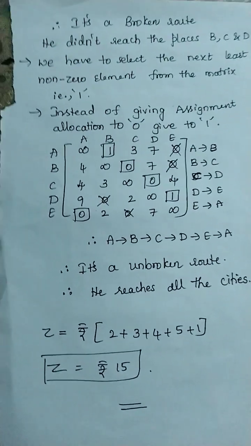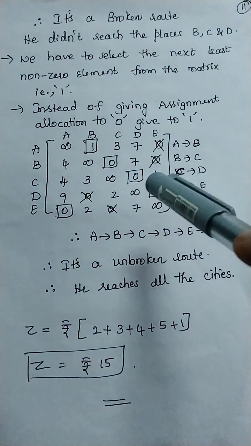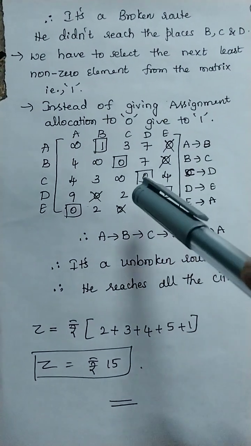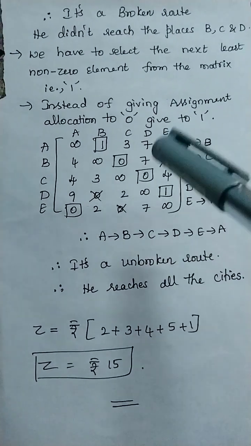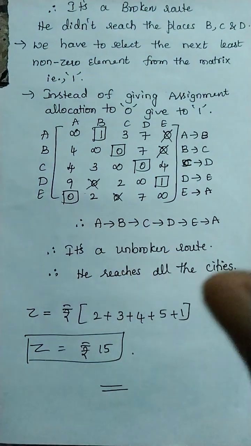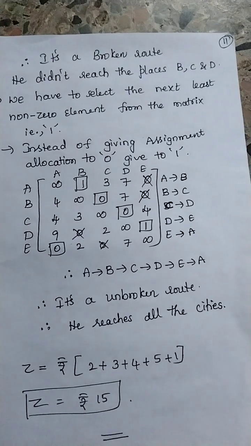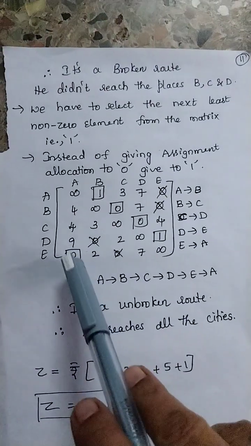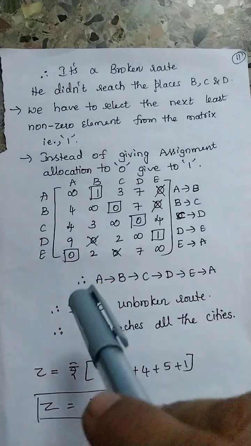Now in the fourth row, I already told you to give the assignment to 1, no? That's why I give the assignment to 1. And in the fifth row, there is only one single 0, which should be assigned, and no 0 will be there in that column.